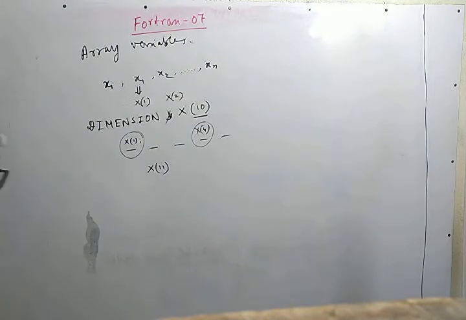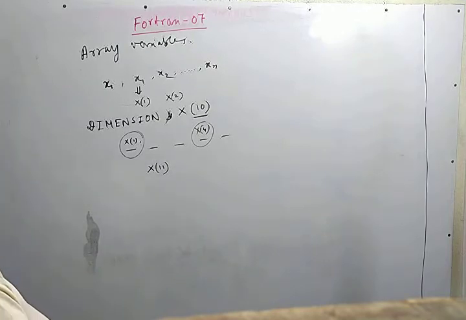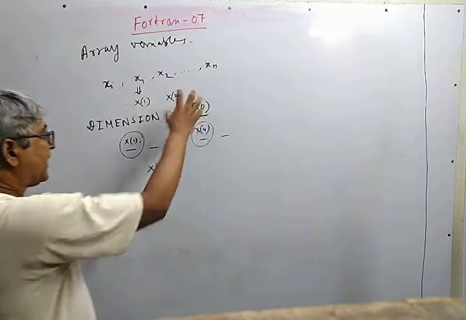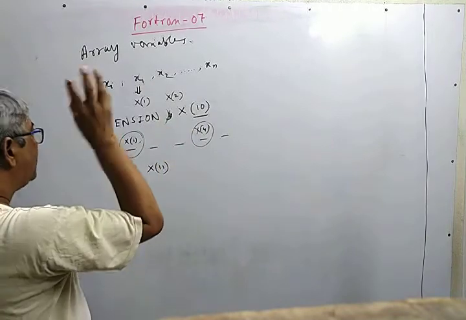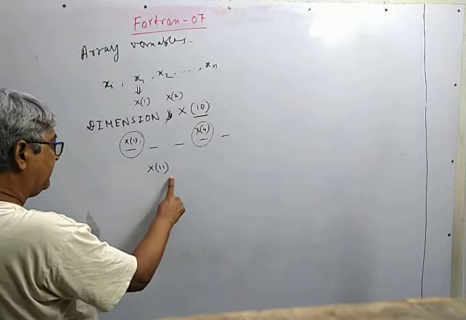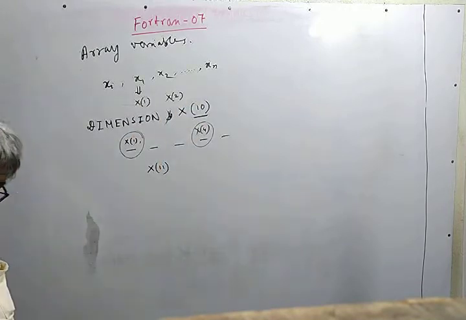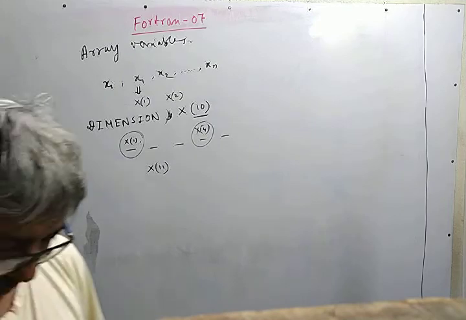In such a case a compiler may give you a message of overflow, meaning there are 10 locations for x and you are assigning a value to be placed in the 11th location, so there is no provision for this. So it may give you an error, that is overflow error.